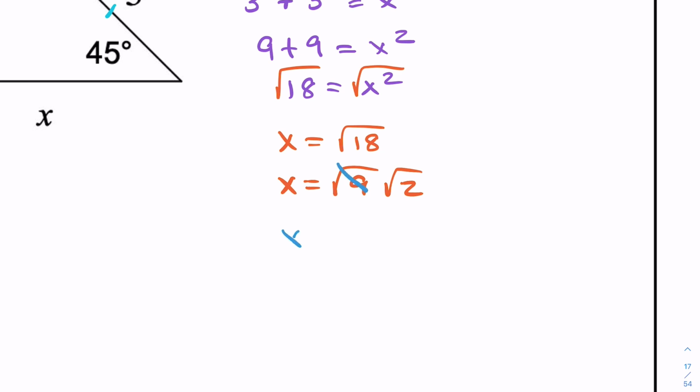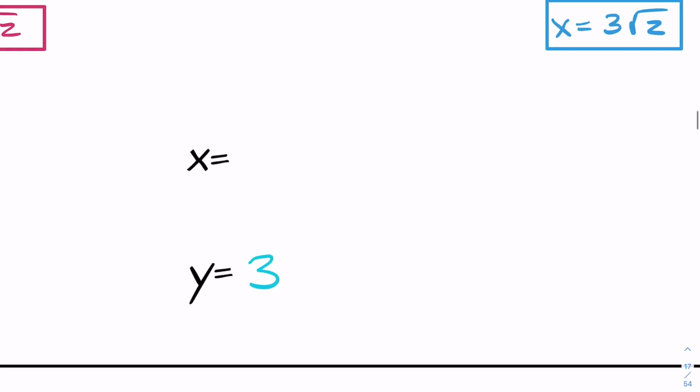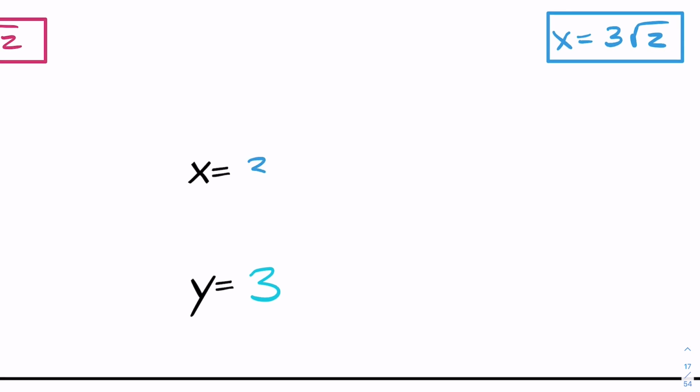X equals 3 square roots of 2. Well, take a look again. There were 2 9s. The square root of 9 is 3. There were 2 of them. All right, so 3 square roots of 2. And there we are.